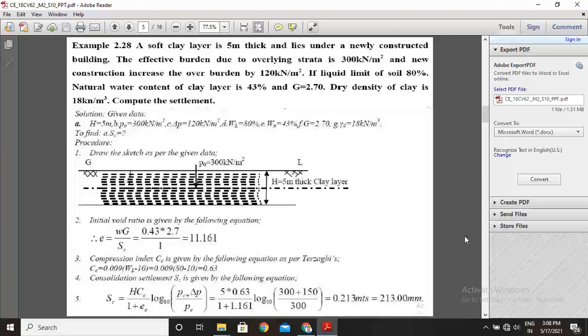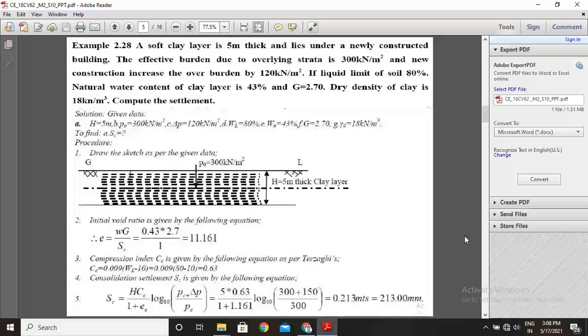Next step, consolidation settlement. S_c is given by the following equation. S_c equal to H C_c by 1 plus e naught into log base 10 of (P_c plus delta P) by P_c. So in this formula, now you substitute the values.